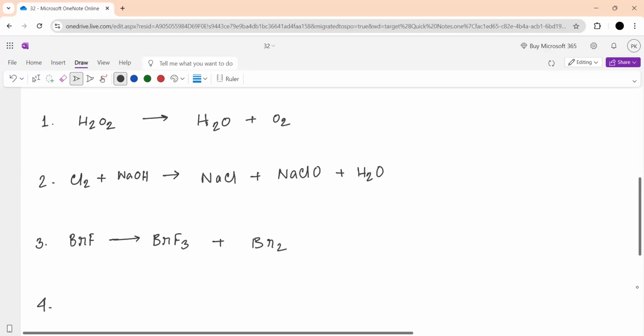What will you name this compound, NaClO? Okay, I'm coming to the name. Let's first do this.